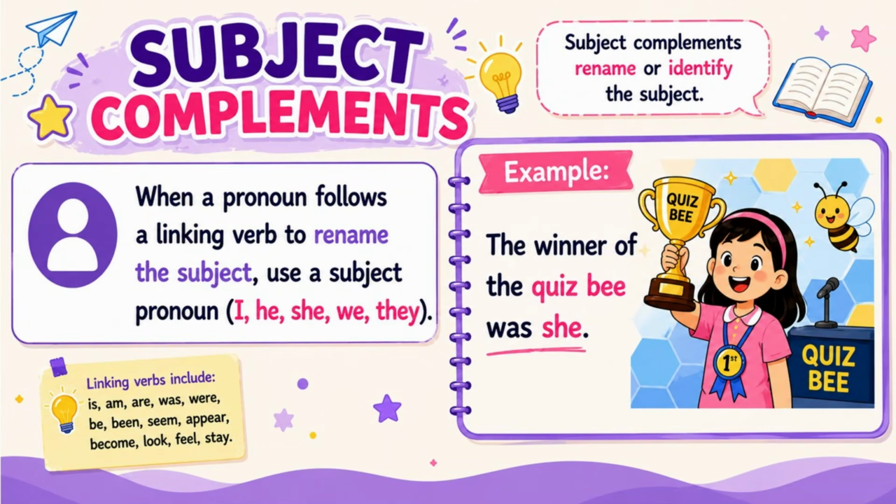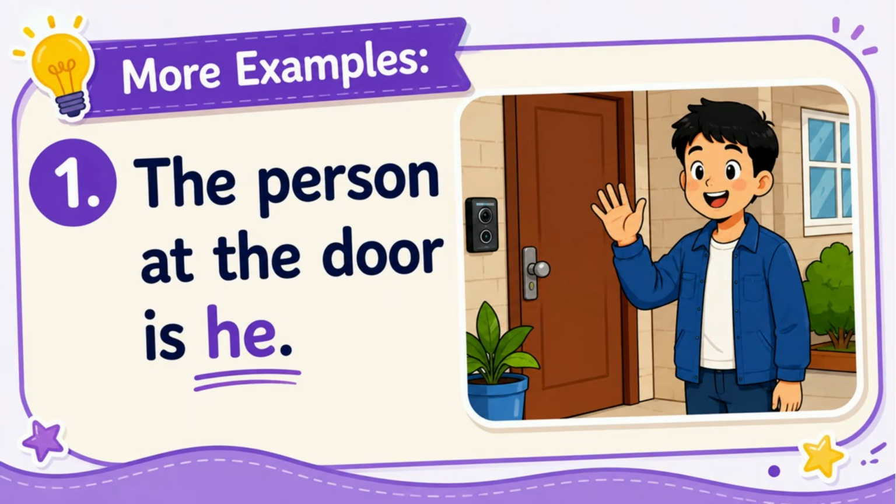Subject complements. When a pronoun follows a linking verb to rename the subject, use a subject pronoun: I, he, she, we, they. For example, the winner of the quiz bee was she. Here are other examples.